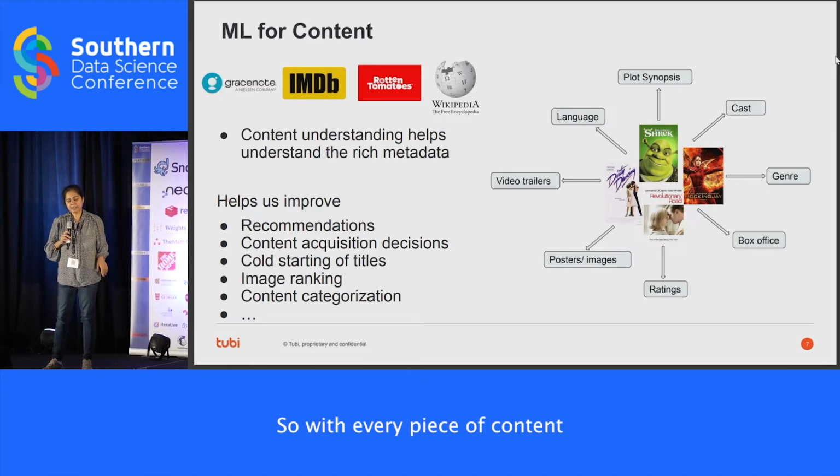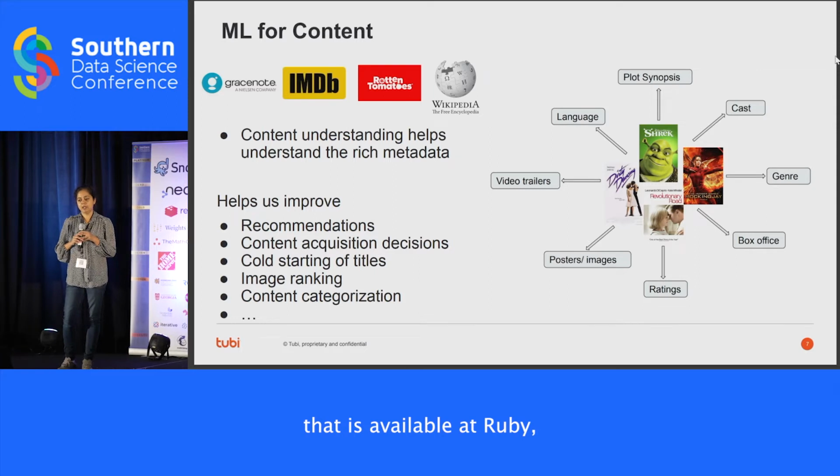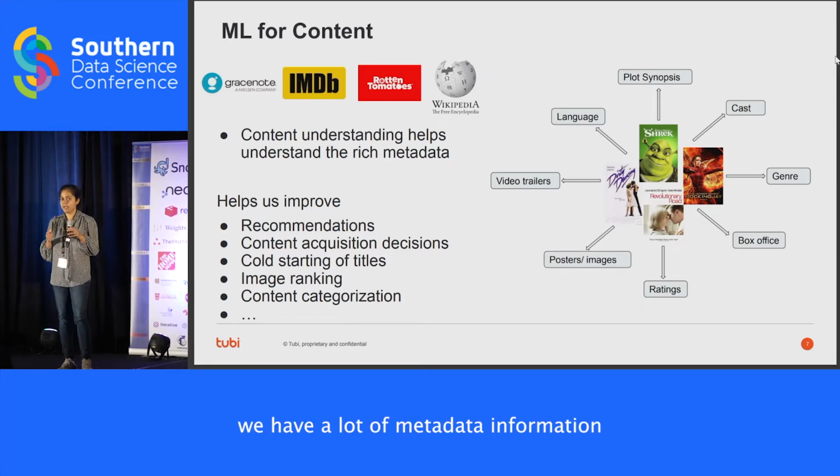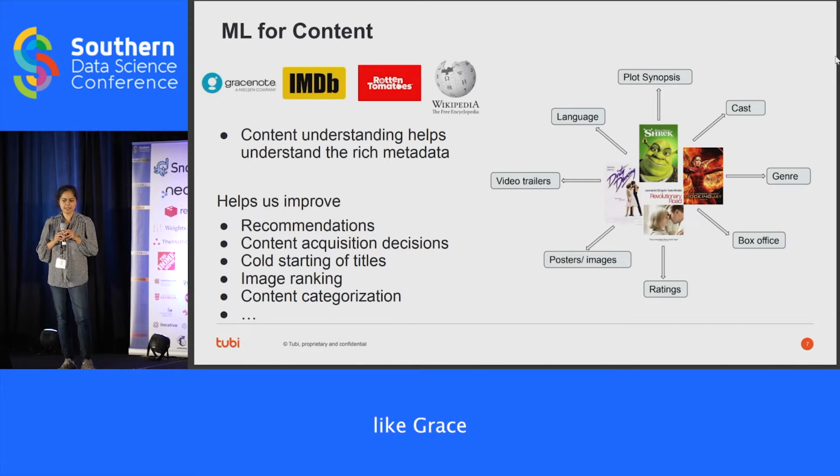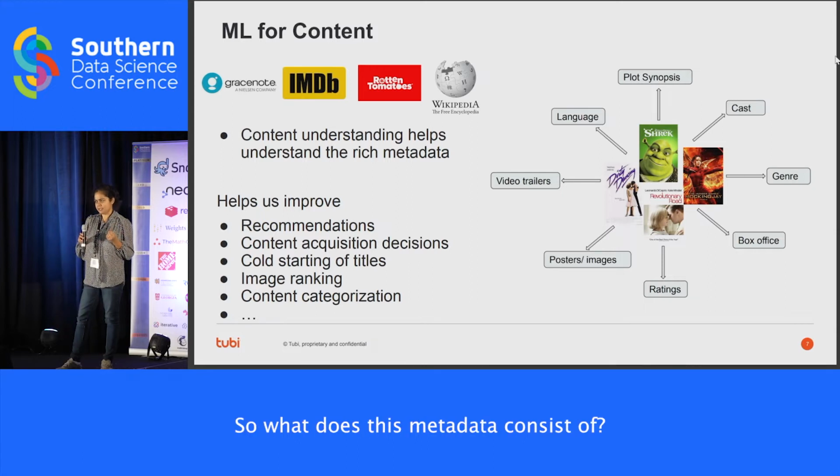With every piece of content that is available at Tubi, we have a lot of metadata information available from various third-party sources like Gracenote, IMDb, Rotten Tomatoes, Wikipedia, and a bunch of other sources. So what does this metadata consist of?